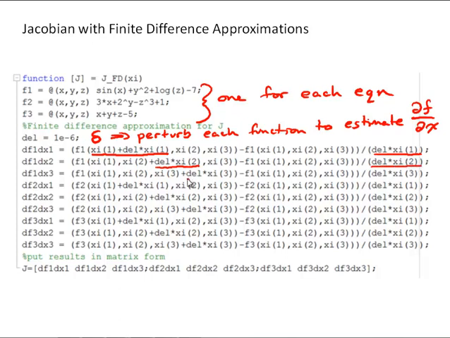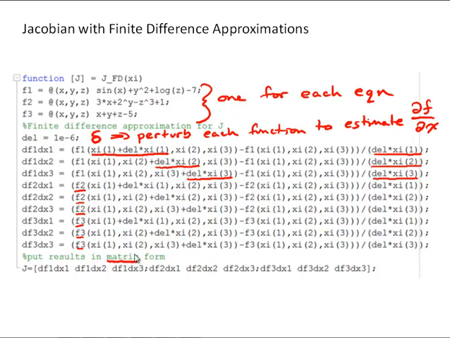And in the third one, we're going to add a little bit to x3. That's all I mean when I say perturb. We're just going to add a small amount to x3, divide by del times x3. And so you can see a pattern here. In the second three, we're going to be working with the second equation, and the last ones will work in the last equation. And then the last thing to do is just to put these results in matrix form.